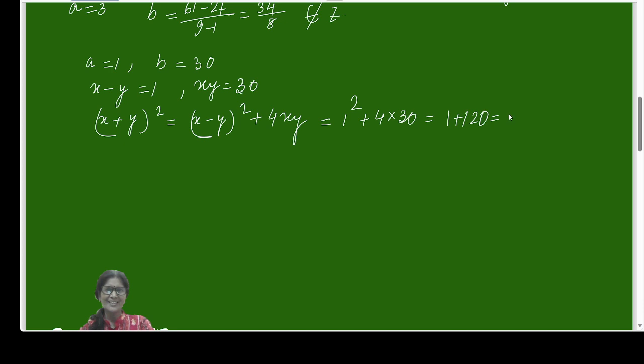So what I'll do, I'll take x plus y whole square is equal to x minus y whole square plus 4 times xy. So 1 square plus 4 multiplied by 30, I'm getting 1 plus 120, that will be 121. So x plus y whole square is equal to 121. Then x plus y is equal to 11.